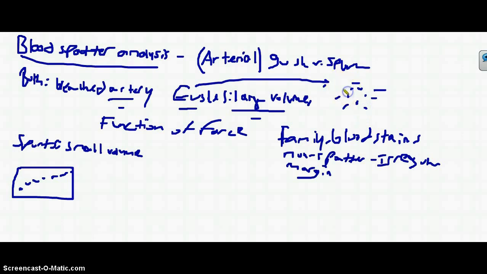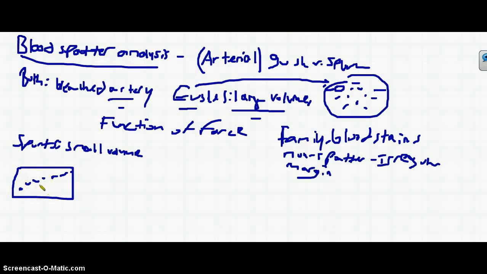And then you might have random satellite stains over here and such on the floor. But if it's a lot of blood loss, then we know for a fact that over here is going to be the gush, and over here will be the spurt.